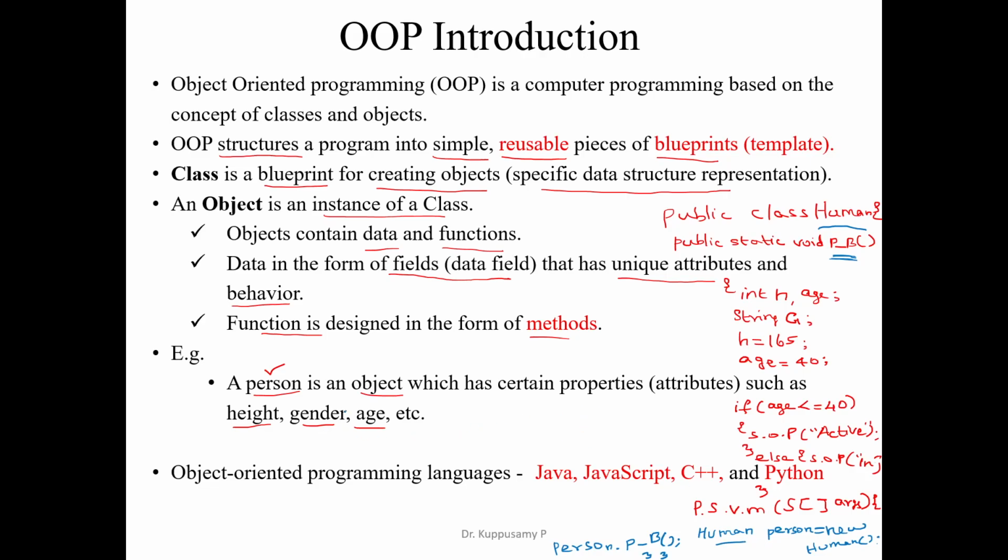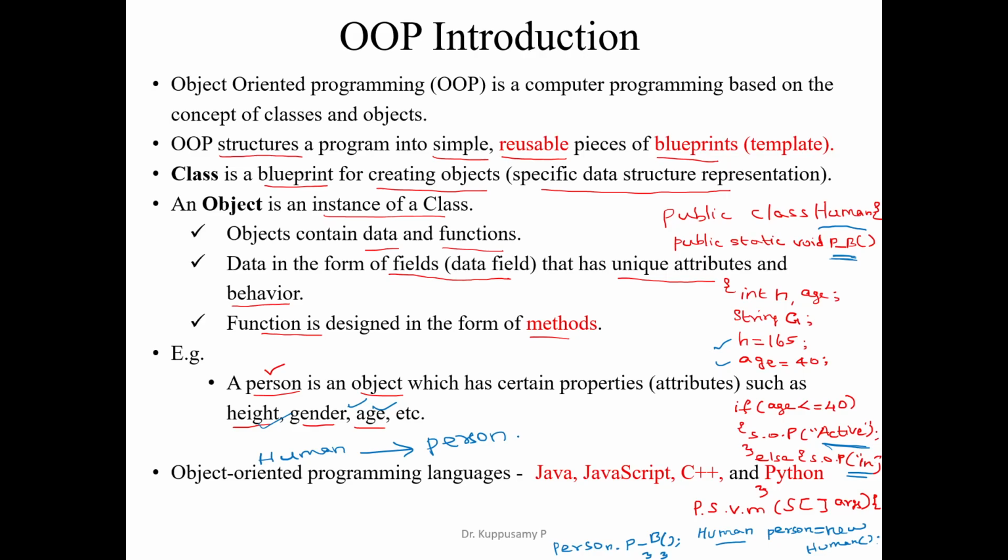So the attributes have values. The attributes are height, gender, age, and each attribute has its own value. The behavior is defined here: if age is less than or equal to 40, active, else it will be inactive. So here the class has an object. The example: Human is the class which has the object person.